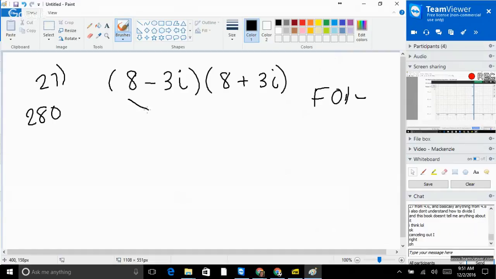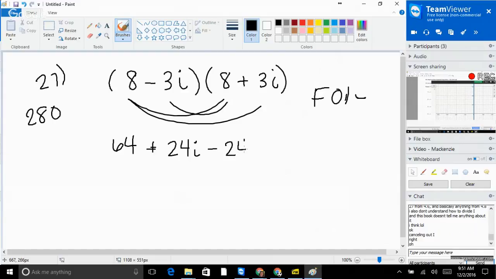So we're going to do first. 8 times 8 is 64. Okay, we're going to do outside. 8 times 3i is going to give you 24i. Okay, inside is negative 3i times 8 is negative 24i. And then last is negative 3i times positive 3i.